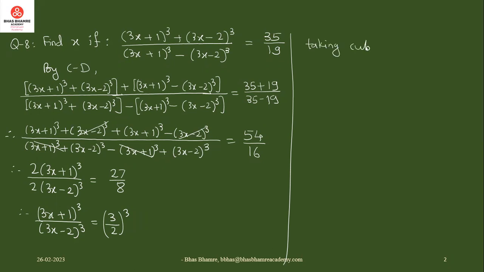Taking the cube root, we get (3x plus 1) upon (3x minus 2) is equal to 3 upon 2. You must note that the cube root comes negative when the term is negative and positive when the term is positive. So we do not need to take plus or minus.